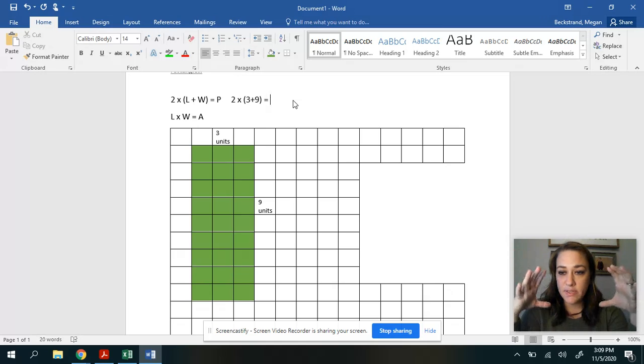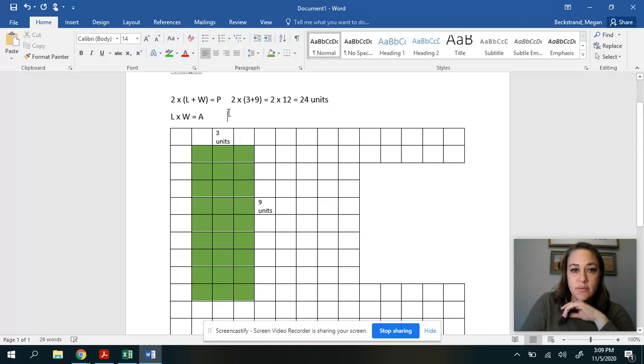So we always solve what's inside the parentheses first. So I'm going to take 3 plus 9 first. 3 plus 9 is going to give me 12. So this is going to become 2 times 12 and equal 24 units. So our perimeter for this rectangle is 24 units. And then we can find our area.